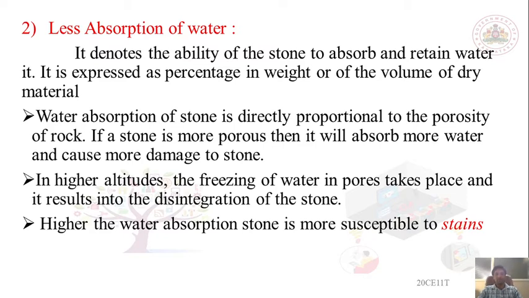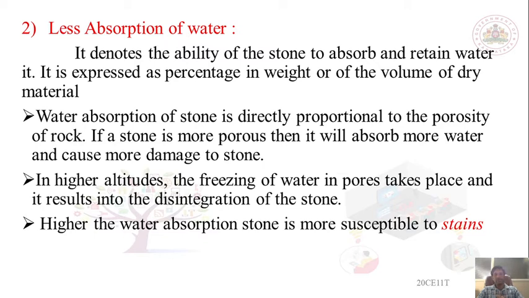Next one is less water absorption. The general requirement for construction is that the water absorption by the stone should be less. It means the stone should absorb very little water, like 0.05% or 0.005%, that kind of percentage. It should not go high.